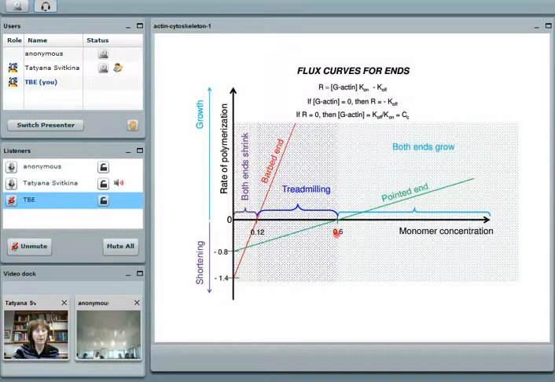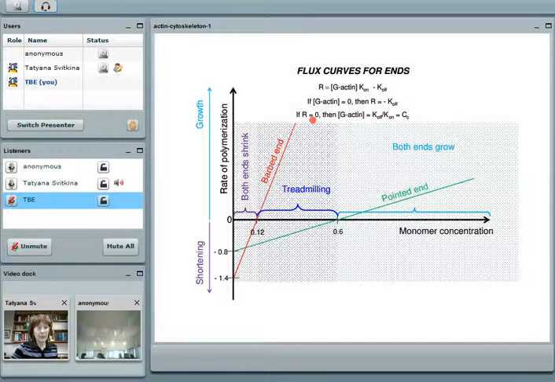But the remaining range, between 0.12 and the pointed end critical concentration, is where things are interesting. Here, barbed ends grow because the rate is positive, and pointed ends shrink because the rate is negative. Depending on which concentration you take on this axis, say at this concentration, you will see that pointed ends shrink very slowly and barbed ends grow very fast.